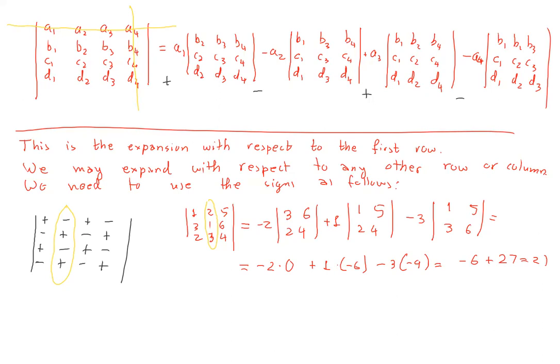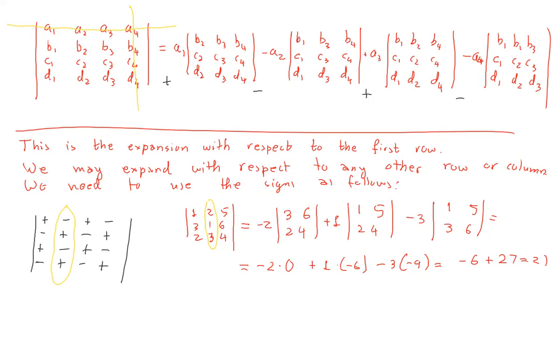Any questions? Yes, I computed this the other way, with respect to the first row, which gave me 21, the same result. Yes, of course it should give you the same result. I mean, we said that you have the option to expand with respect to any row or any column. If we were to find different results, that would be a problem, right?